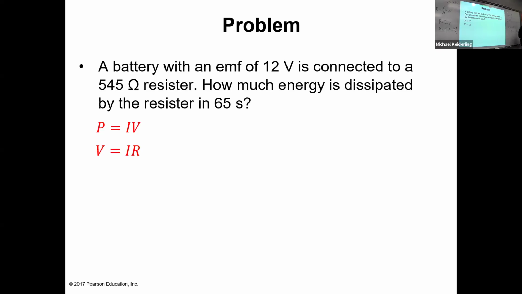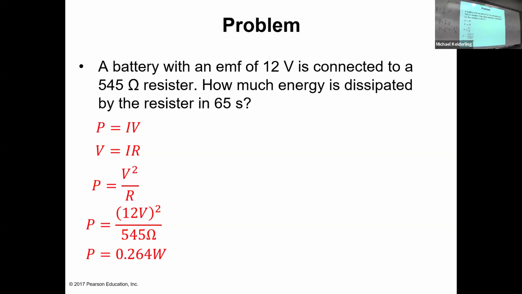Power is current times voltage. Voltage is current times resistance. The power ends up being voltage squared over resistance. So 12 volts squared over 545 ohms gives us a power of 0.264 watts. And the energy dissipated, delta E, is power times delta T. So 0.264 watts times 65 seconds is 17.2 joules.